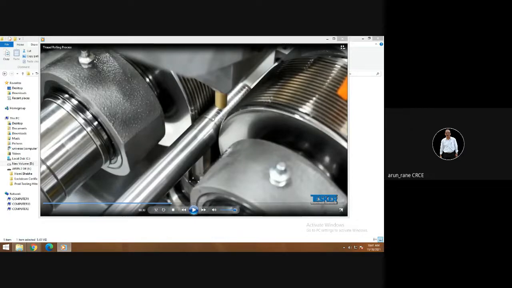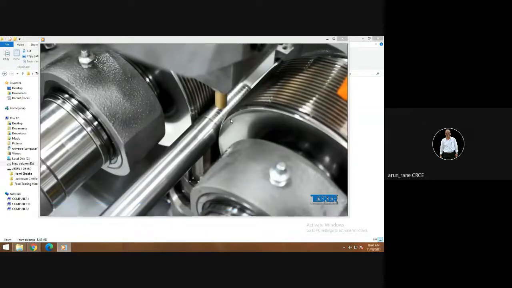The various motions here: your workpiece is rotating, your thread rolling dies are rotating. One die remains fixed and another die penetrates inside, and it takes the full cut in order to generate the thread profile.